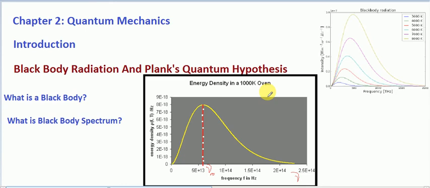The scientists who tried to explain it are William Wien, Lord Rayleigh, James Jeans, etc. There were many other scientists also, but these scientists' contributions are slightly more significant. William Wien, Lord Rayleigh and James Jeans tried to explain this distribution graph.